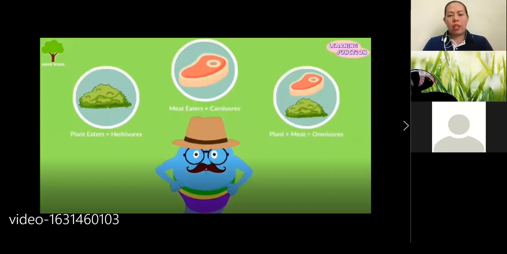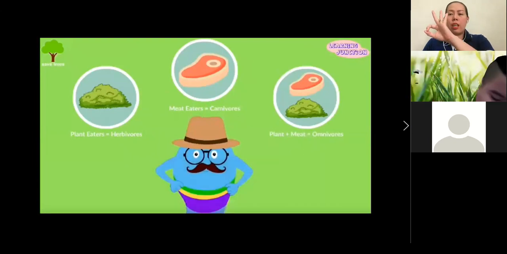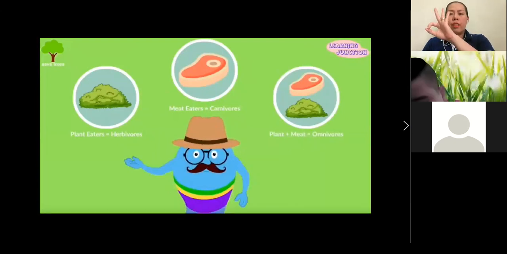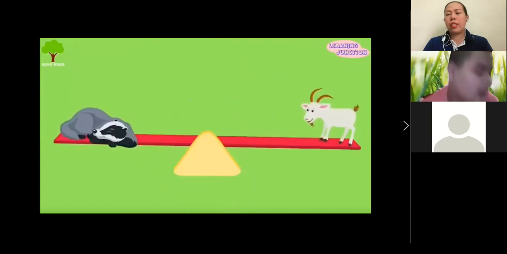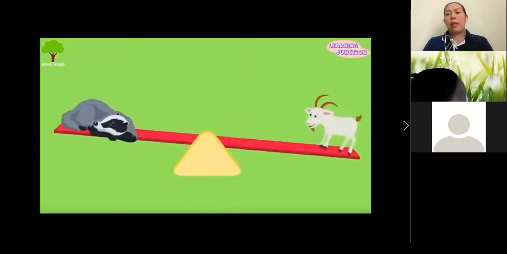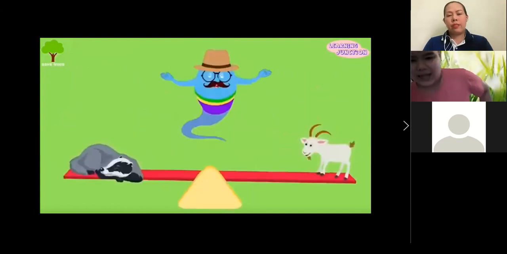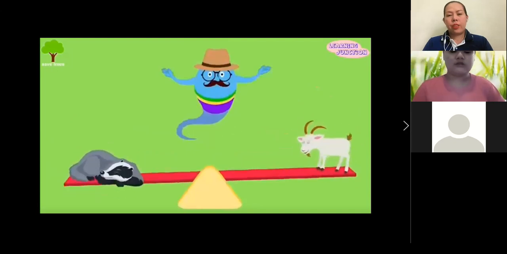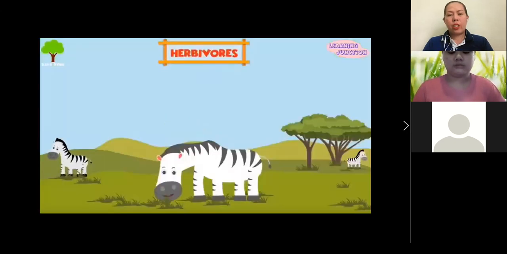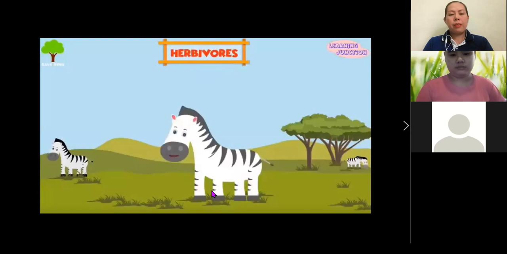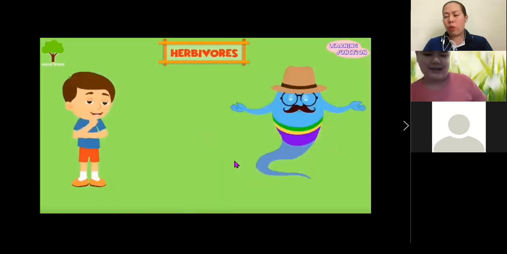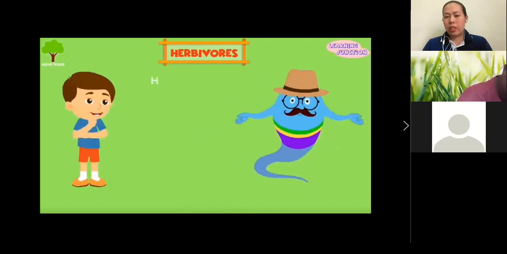Okay, so three groups which animals are divided based on what they eat. Okay, so he talked about each of these groups individually. First the herbivores. He says that they are animals that only eat plants.